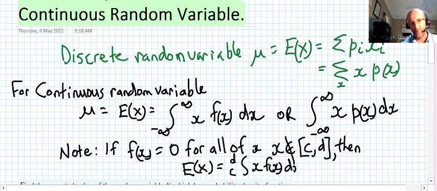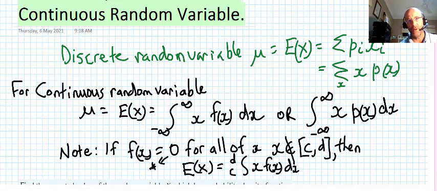That means, as we've seen so far, some parts where the value of the function is 0 outside of a certain interval contribute nothing to the mean or the expected value, because they have a value of 0 through those intervals.